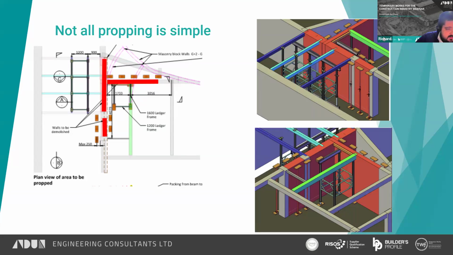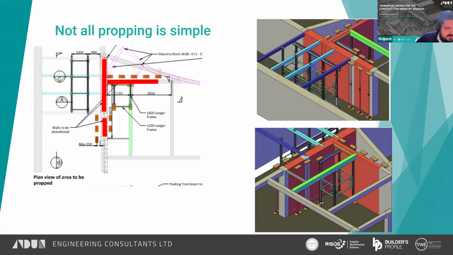You have a north to south floor arrangement in the top left, and then at the bottom left it goes from east to west, and then between the green beam and the red beam it goes east west, and then beyond that it goes north south. And then just to add in more complications, there's a curved wall at the top as well, and on the floor above there's a curved wall that's sitting on the floor and the wall that's coming out.